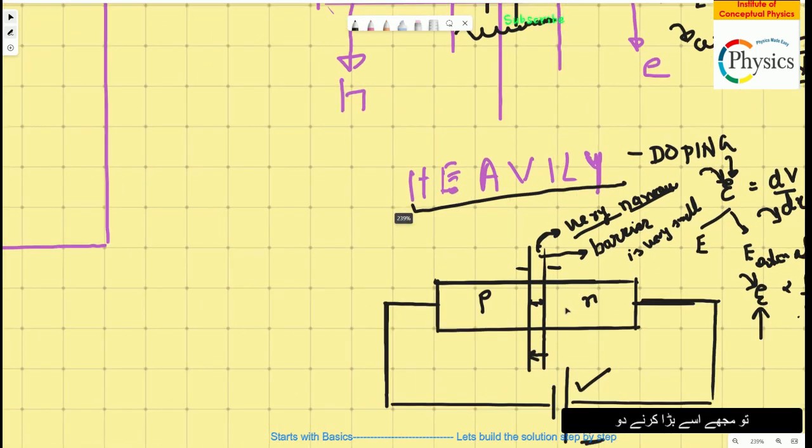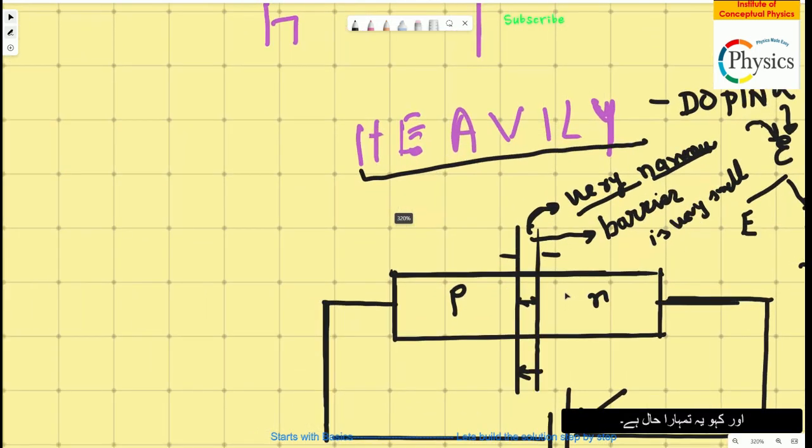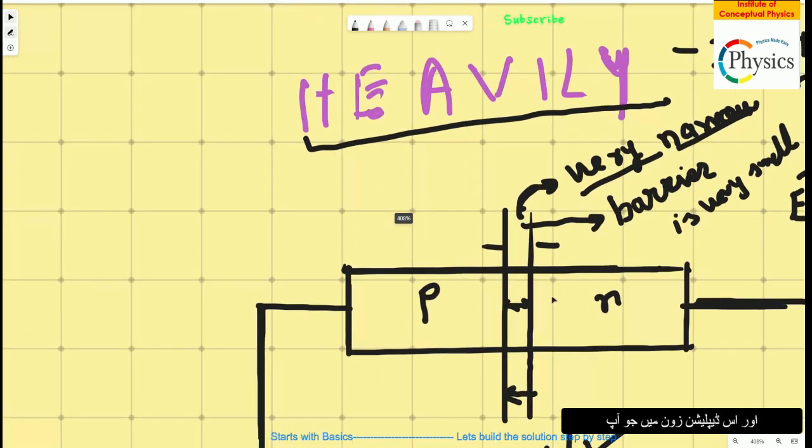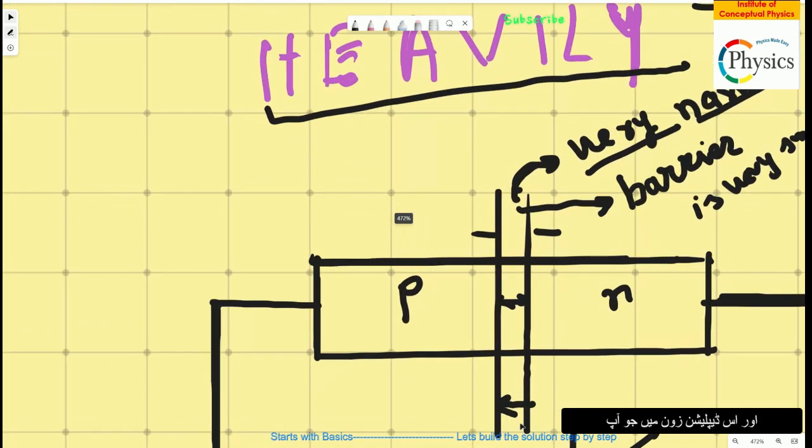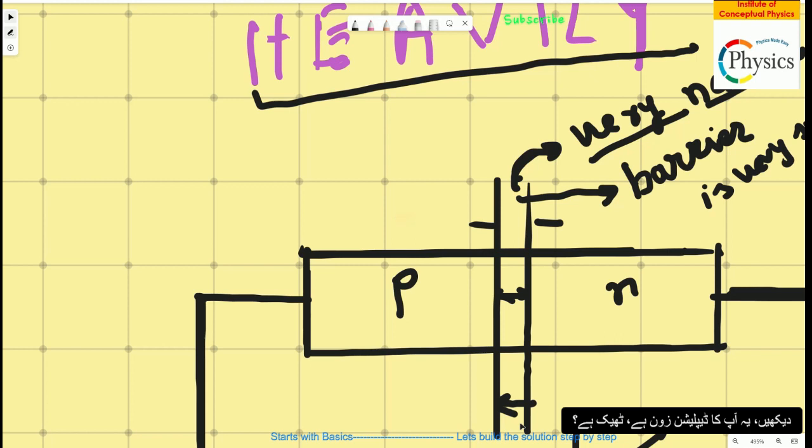So let me just enlarge it and say, this is your situation, and in this depletion zone you still have immobile ions, right? So the P side has some negative ions which are available here.